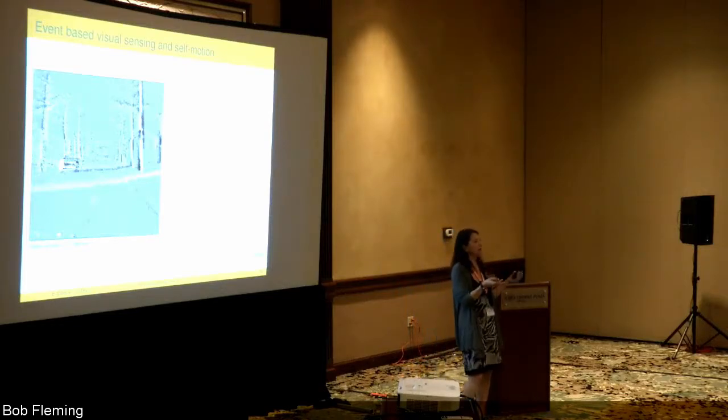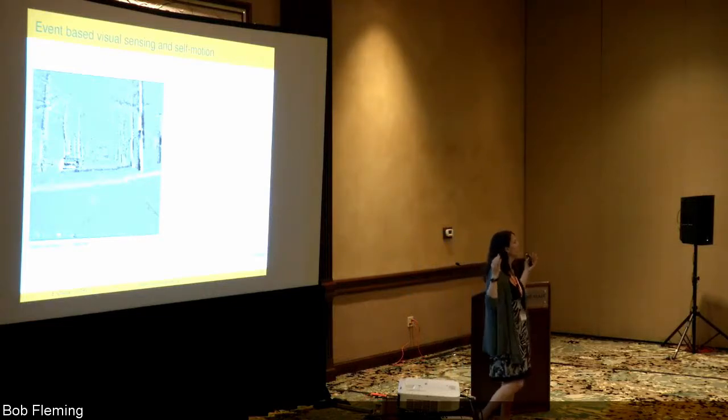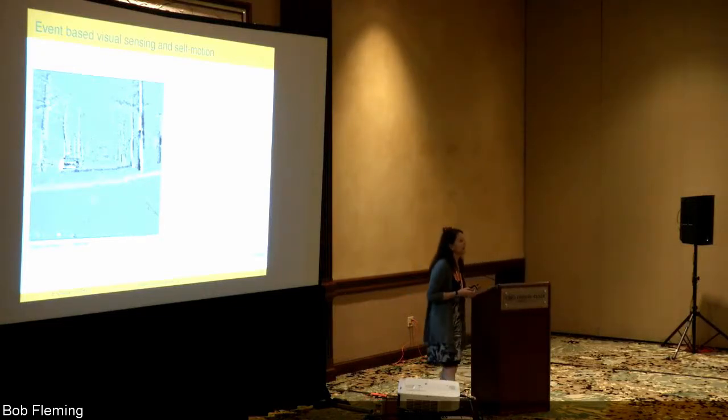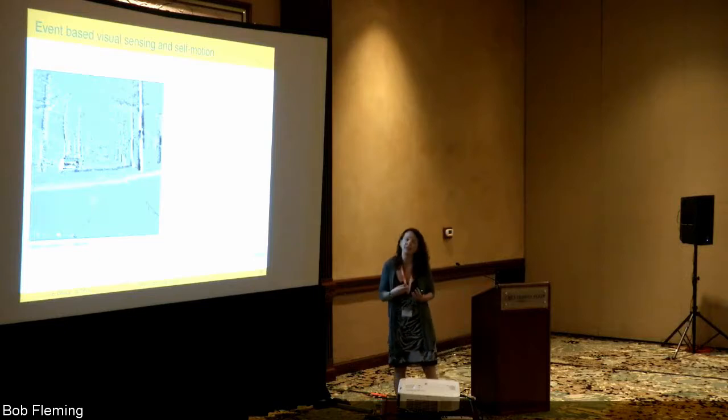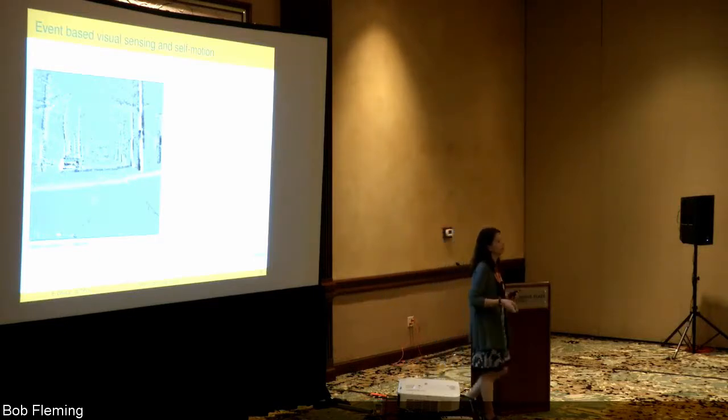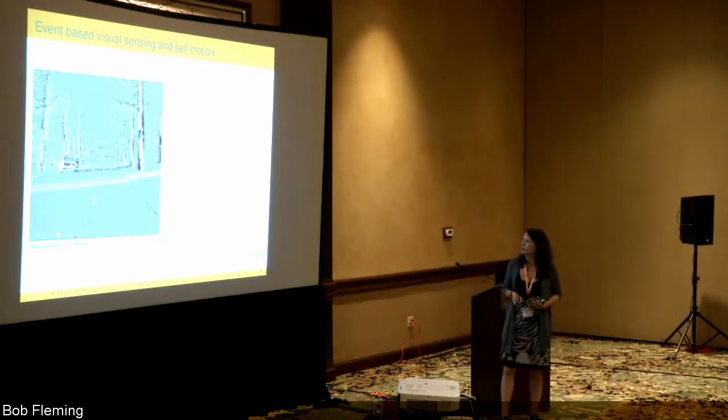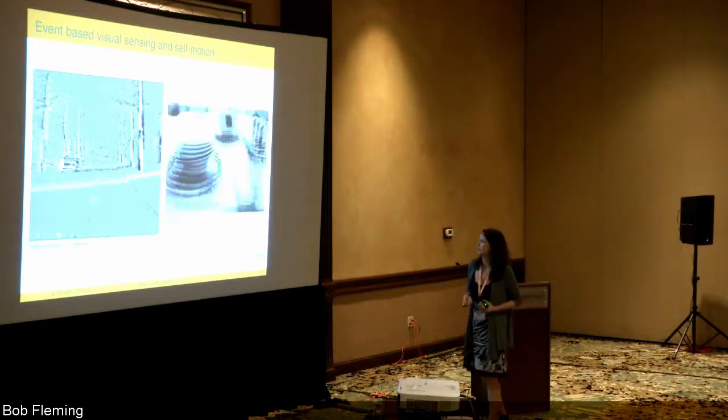So basically, if you walk around or if you drive around, you're going to see edges of the objects that are in your environment, and they're going to move in your visual field. So I'm talking about how event-based visual sensing and self-motion act together. And then what do you get from this kind of signal?